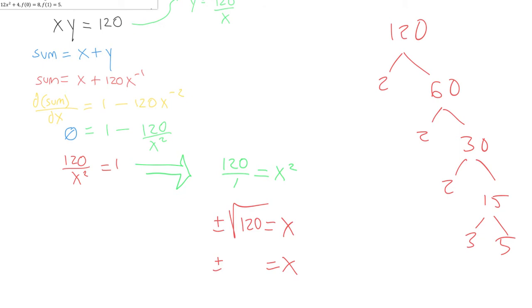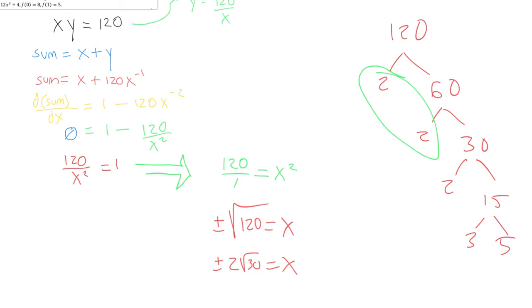Looks like there's an 8 in there. This would constitute a perfect square. So that would be 2 radical, 2 times 3 is 6, 6 times 5 is 30. So that is x.